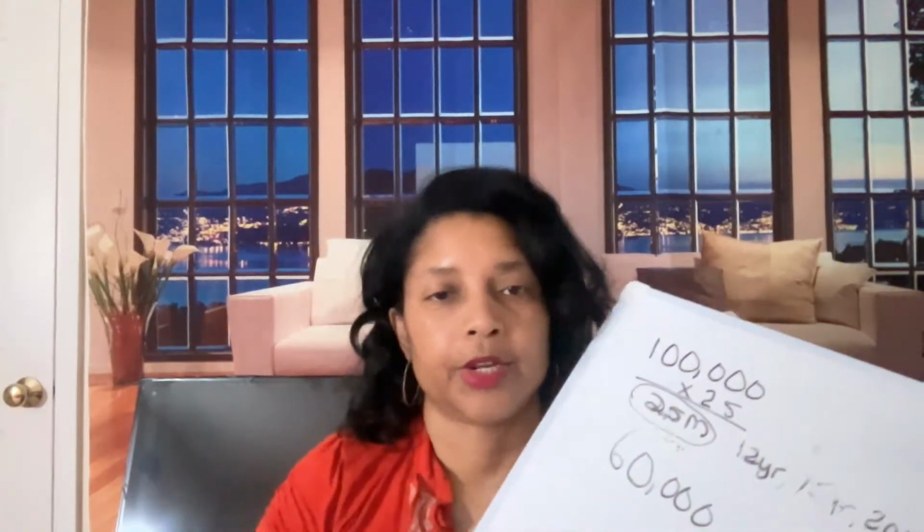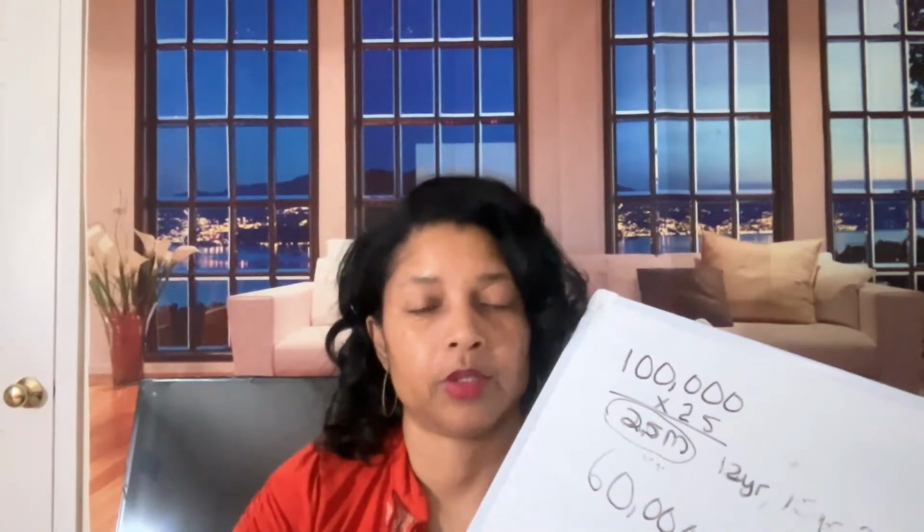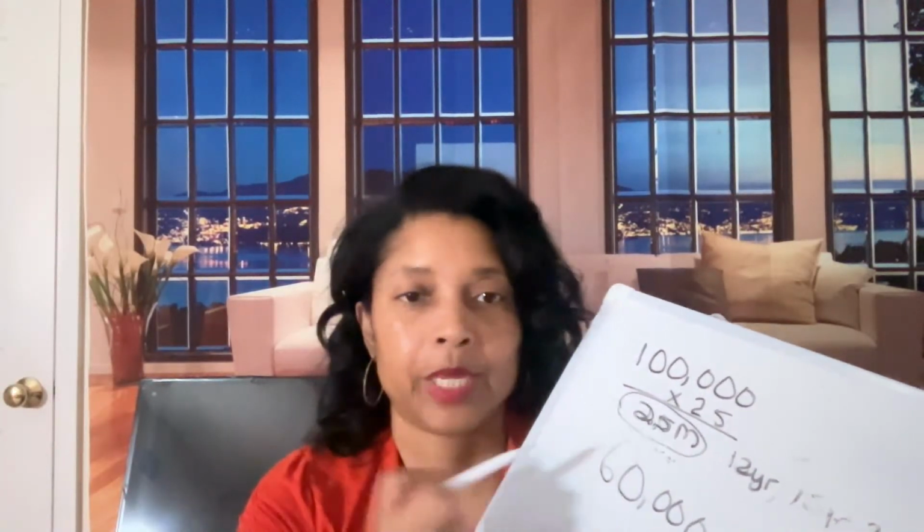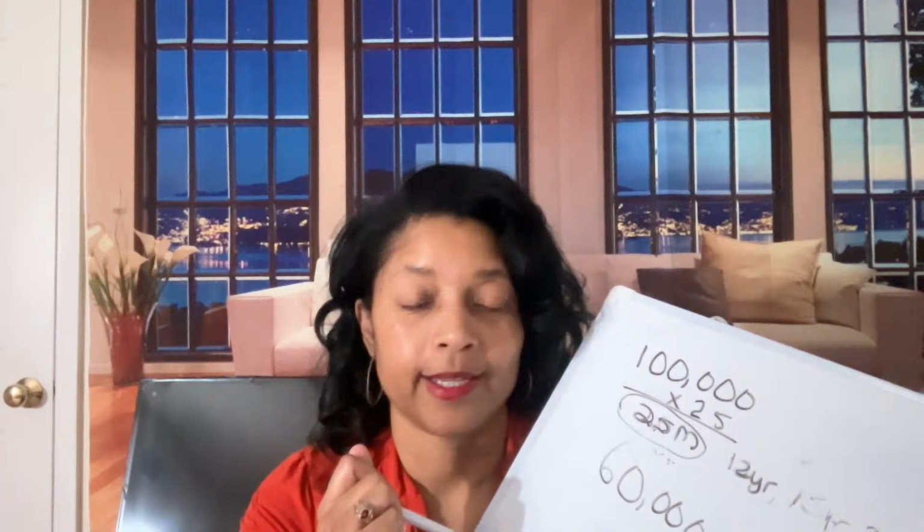So this calculator, called the investment calculator, is going to tell you. But it's very important, first of all, to have a goal in the first place. So that's the problem. The problem is that people don't have a goal. Why? It's because you're not taught to have a goal, right?